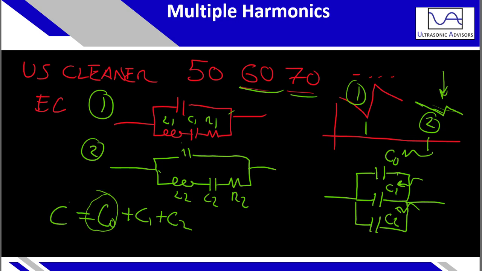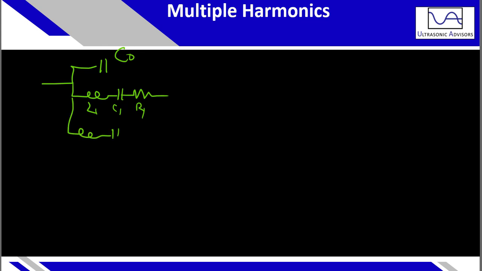Now you get this value. Then you can directly integrate these two circuits with your new C node: L1, C1, R1, L2, C2, and R2.